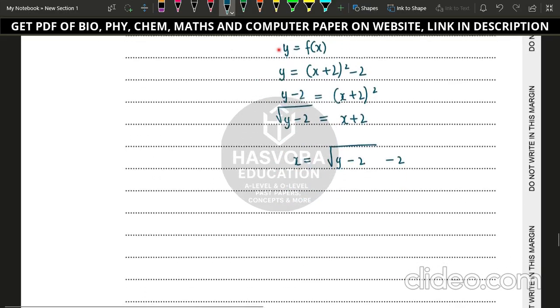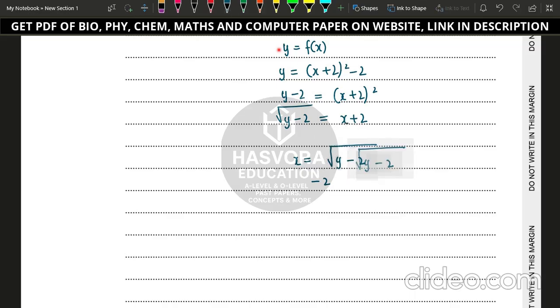Let me just swap the places of both of them, so this will be minus 2 plus the root of y minus 2.